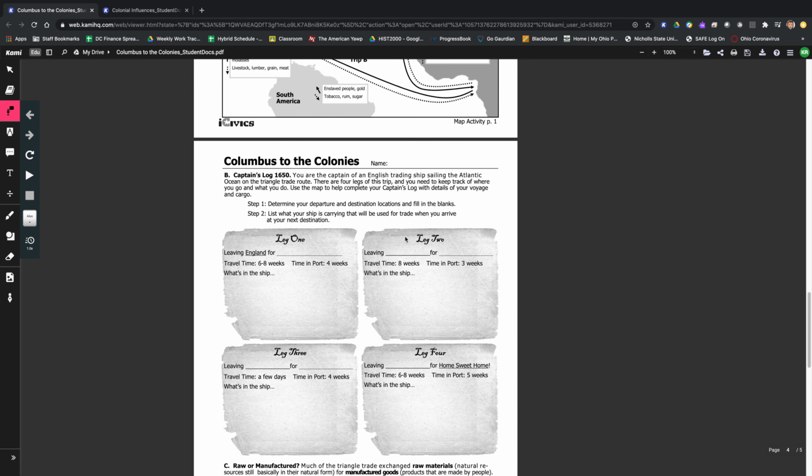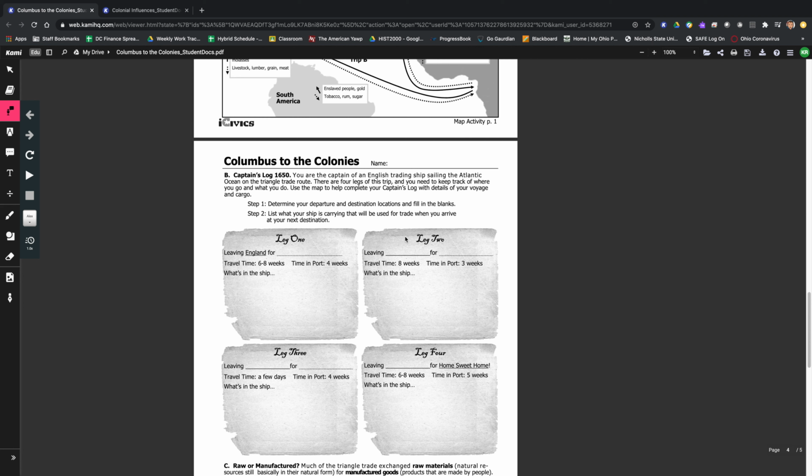In this assignment, you are the captain of an English trading ship sailing the Atlantic Ocean on the triangle trade route. There are 4 legs of this trip, and you need to keep track of where you go and what you do. Just like in A, in activity B, you're going to be using the map also.